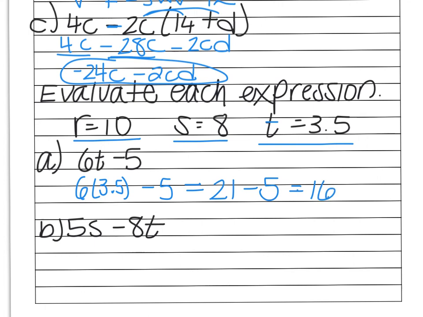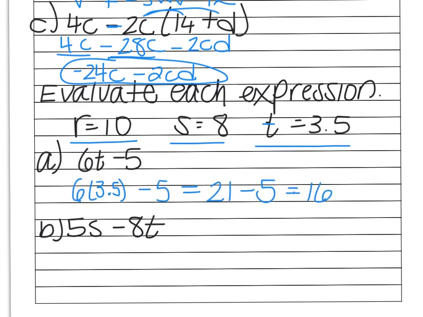Next, we have B, which is 5s minus 8t. I'm going to plug in 8 for s and 3.5 for t. 8 times 5 is 40, and 8 times 3.5 is 28. And 40 minus 28 is 12.